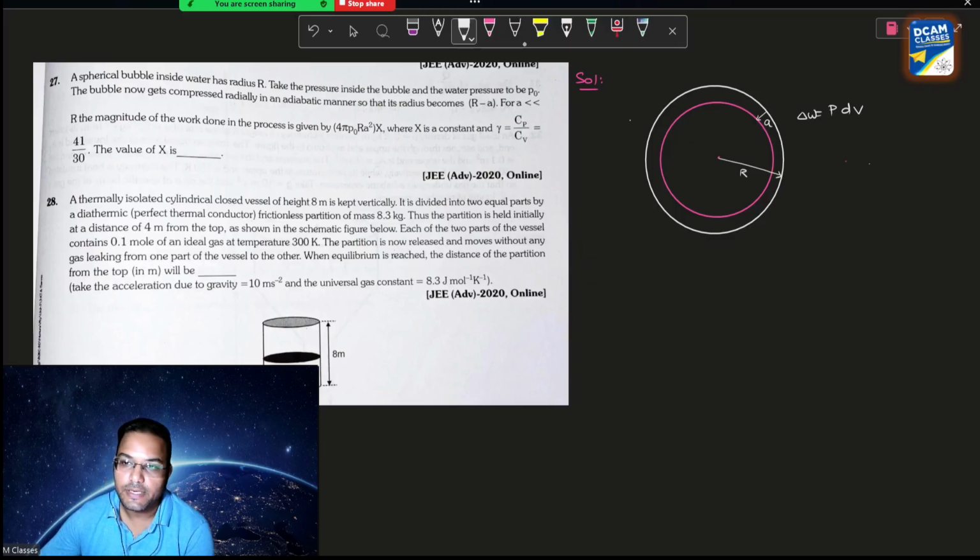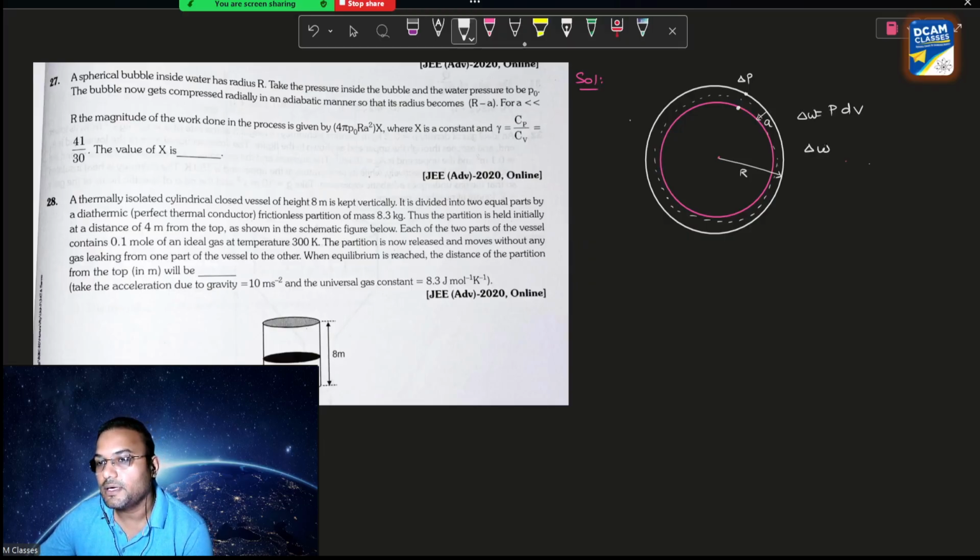But when it is compressed, pressure is also constantly changing, from this to this, let the pressure difference be delta P. But we have to take the pressure as constant, because this a is very much less than R, no?